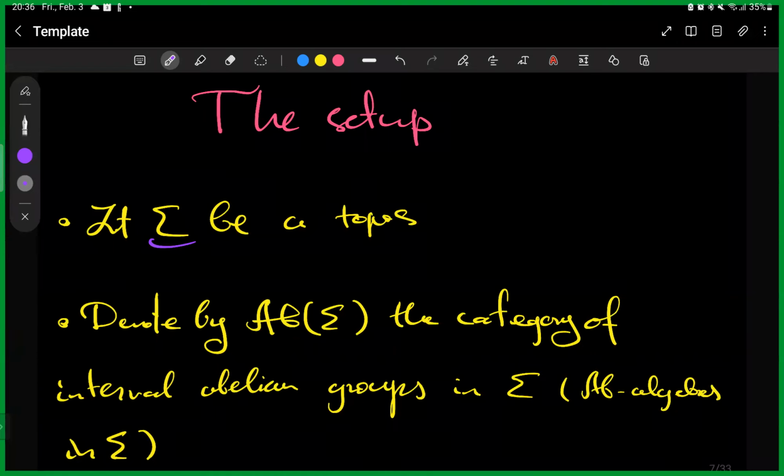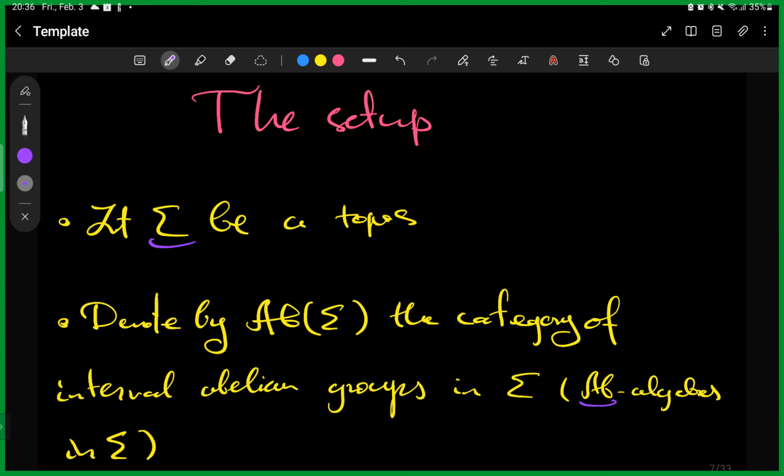But a more concise way to do this is to say that an internal abelian group in E is just a product preserving functor from this Lawvere theory into E. So you don't have to give some deep meaning to the word internal abelian group. It's just a product preserving functor. Is it satisfactory? Okay. Yeah, okay, great.